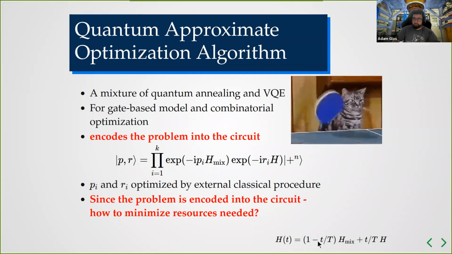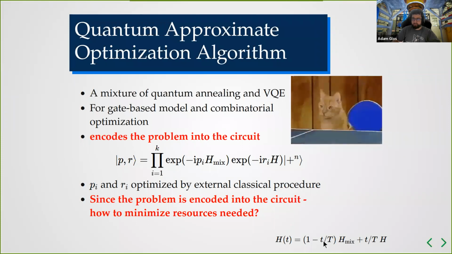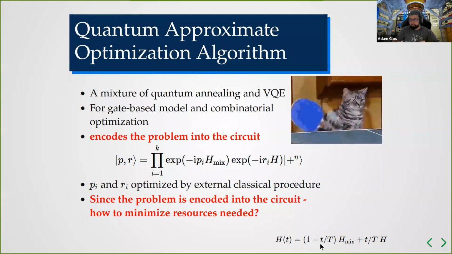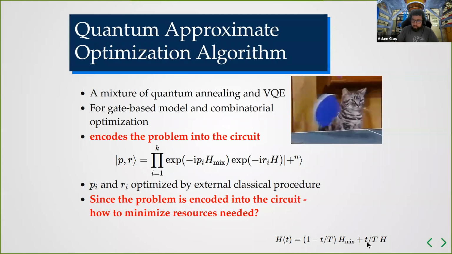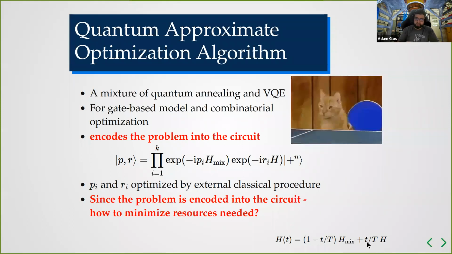In the adiabatic evolution, we start in a ground state of some well-known Hamiltonian, very simple to produce, and then with continuous time changing Hamiltonian, we are slowly bringing up the objective Hamiltonian, the Hamiltonian which describes our problem and for which the lowest energy state is at the same time the global optimum of our problem.